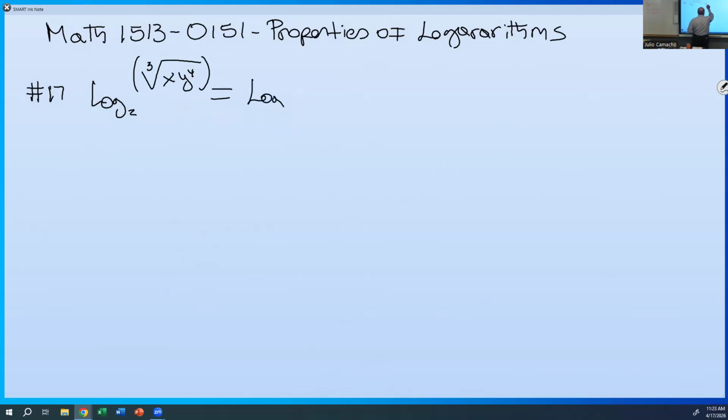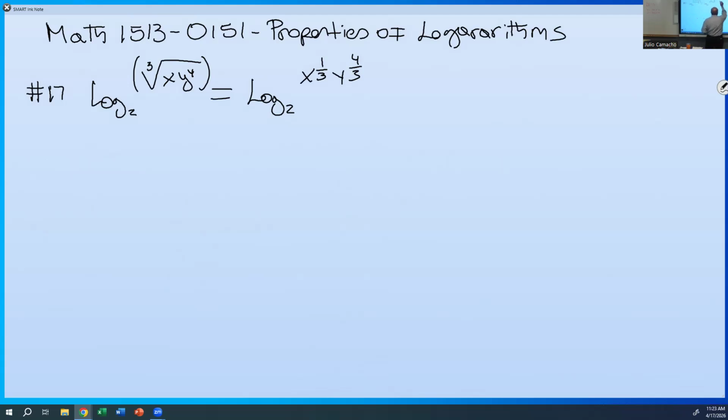Now we change from radical to exponential. So it will be a log 2, and the first one will be x to the 1/3 times y to the 4/3. Remember, always the exponent to which the variable is raised is the numerator and the index is always the denominator.